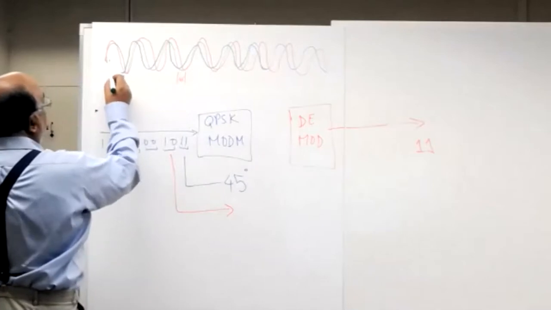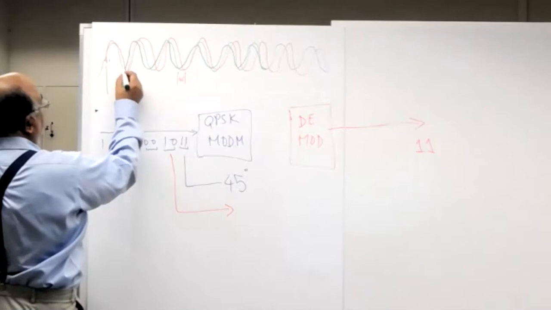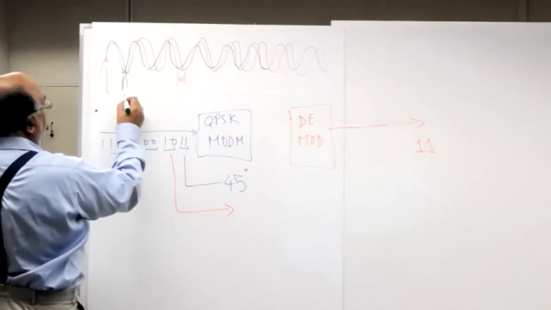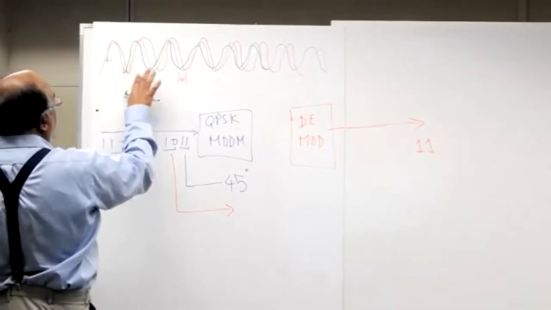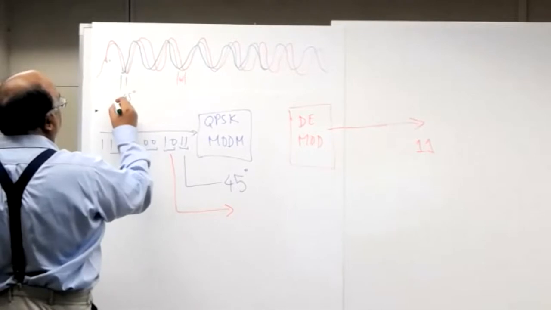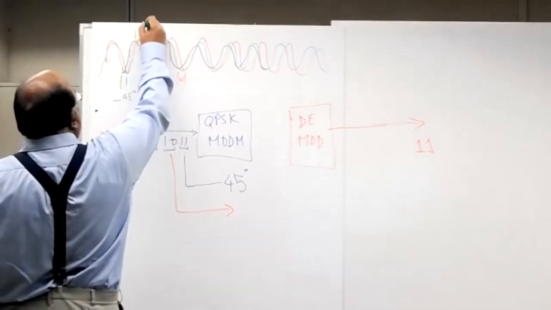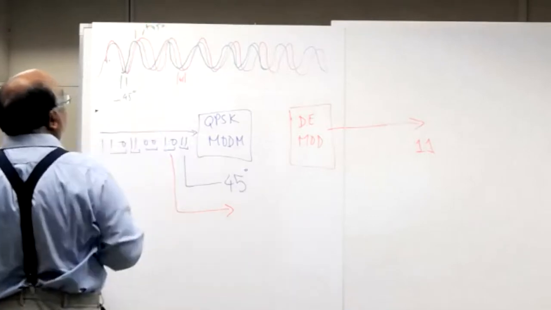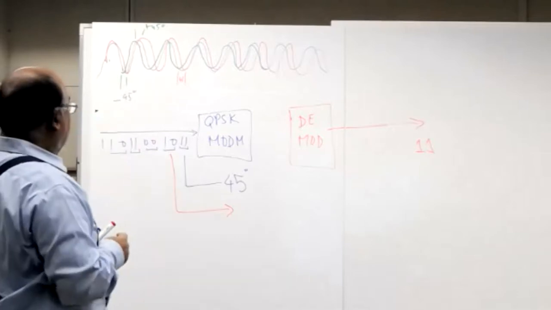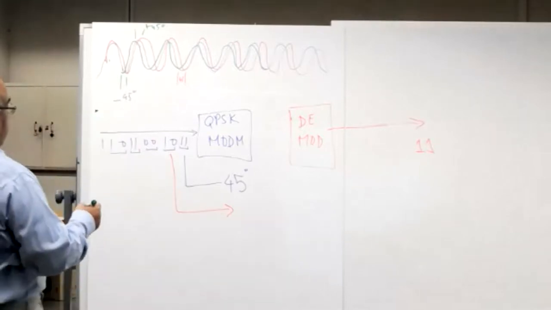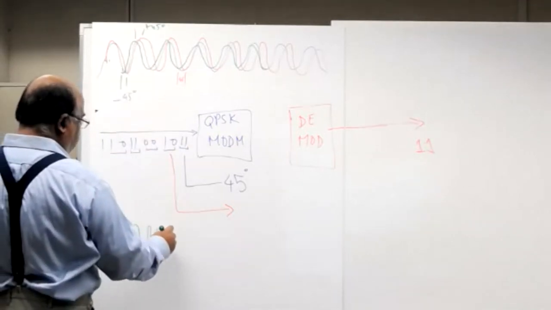So from the start, the phase difference over here was 45 degrees. Minus 45 degrees. The phase difference over here was plus 45 degrees. I'm just drawing a sample signal. The signal actually is a combination of the fundamental frequency plus 45 and so on.